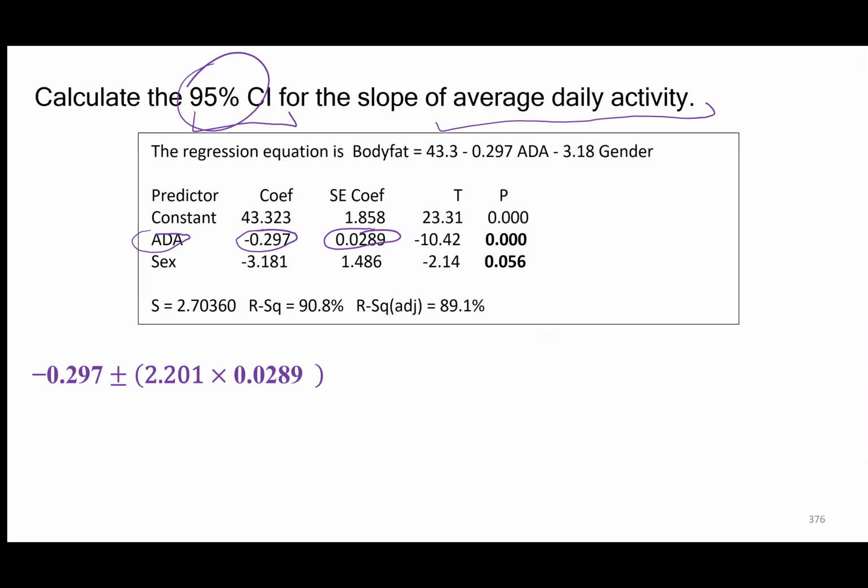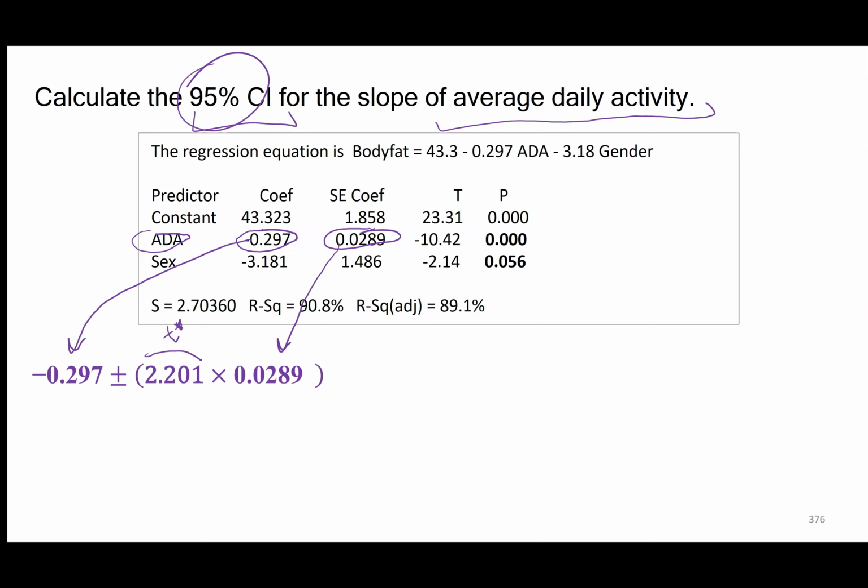So plugging in here, take all those values: negative 0.297 plus or minus, here's my t star that we just got from the table, times that standard error. Go ahead, do your multiplication first.